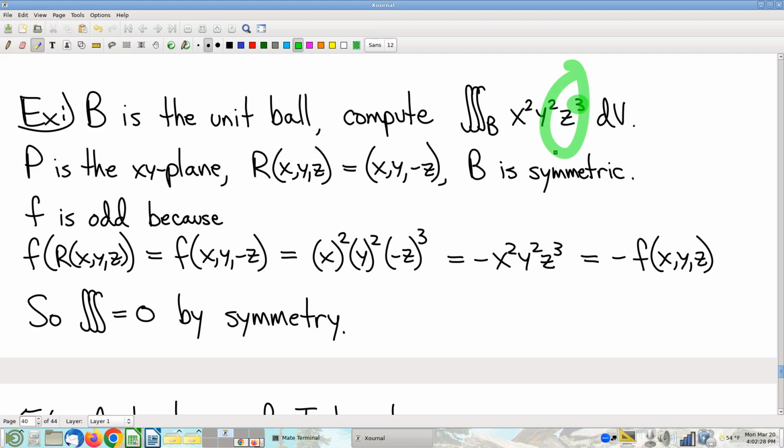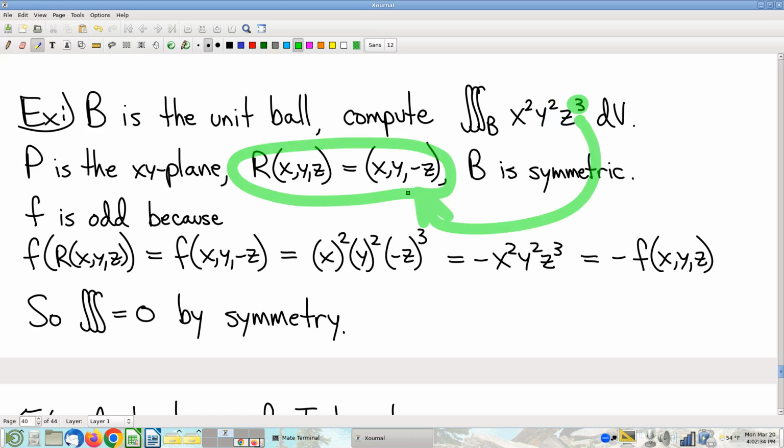So this 3 right here motivates that I wish, I don't know anything about the plane yet, but I wish this was my reflection formula. Wouldn't it be nice if this was my reflection? And then I just have to think geometrically.